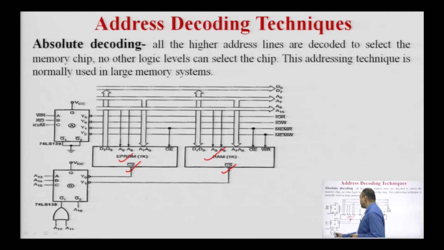So, depending on the combination of the address lines, if the output Y0 is activated, it will select the chip, that is the EPROM of 1 kilobyte. If Y0 is activated, it will enable the EPROM, and if Y1 is activated, it will enable the RAM. This technique is called the absolute decoding technique, in which the higher order address lines are used.